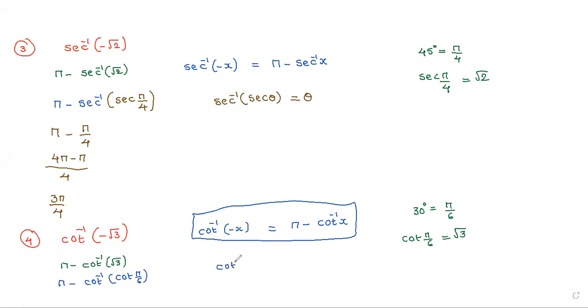Cot inverse of cot theta is equal to theta. Pi minus pi by 6. So cross multiplication, 6 pi minus pi by 6 is equal to 5 pi by 6. Right?